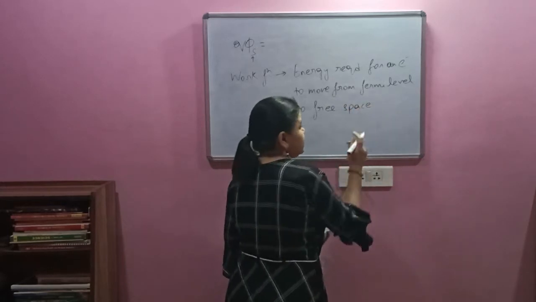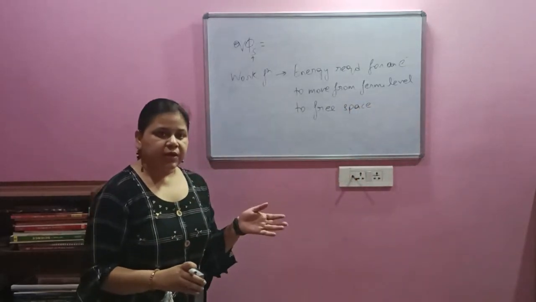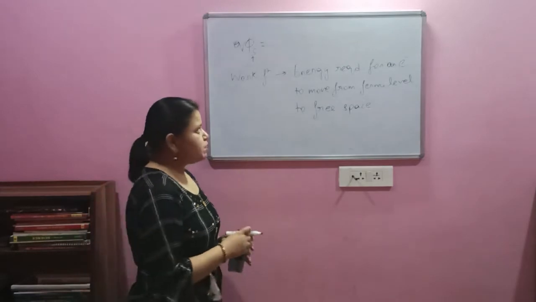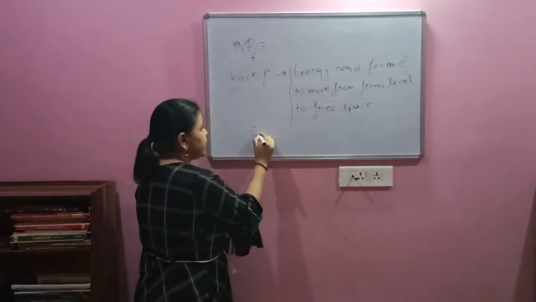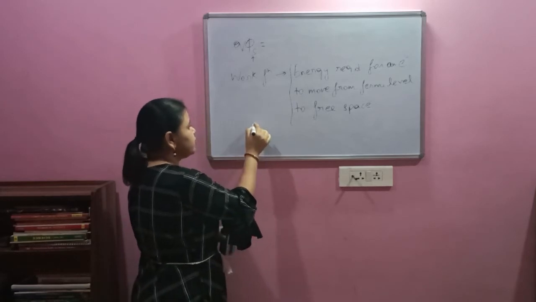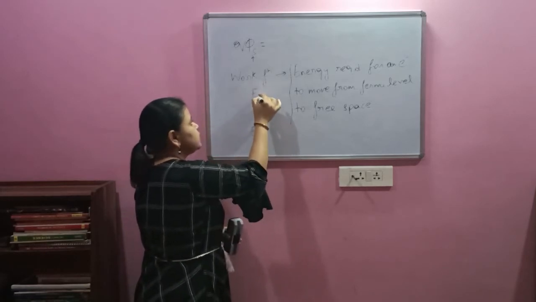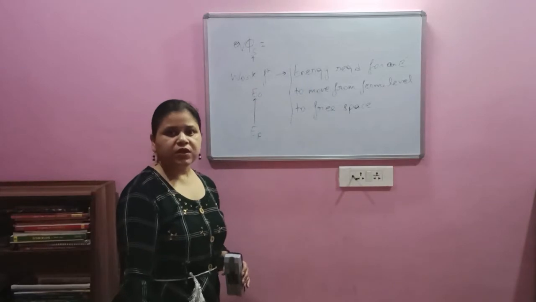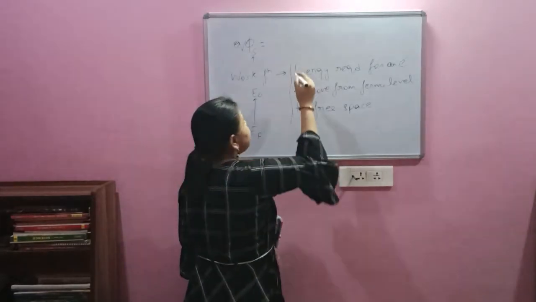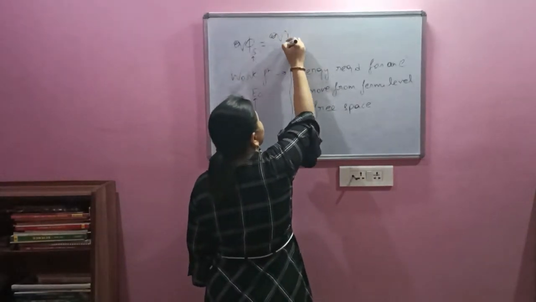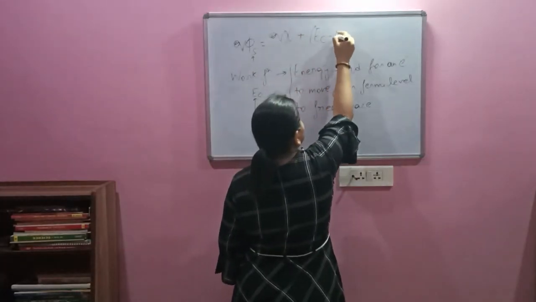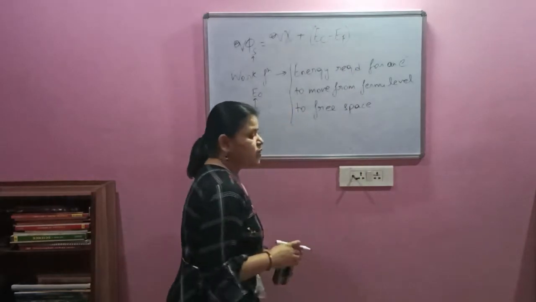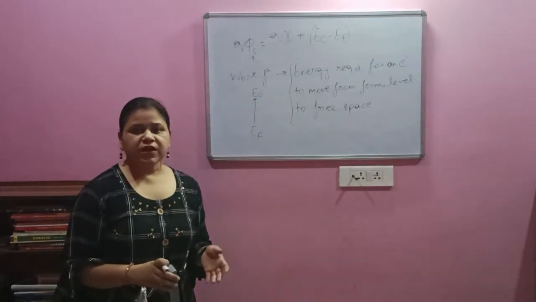Now if we remember the previous diagram, when I am talking of this statement, the energy required for an electron to move from the Fermi level to free space is known as the work function, and it is denoted as q chi plus Ec minus Ef. So this is how we define the work function.